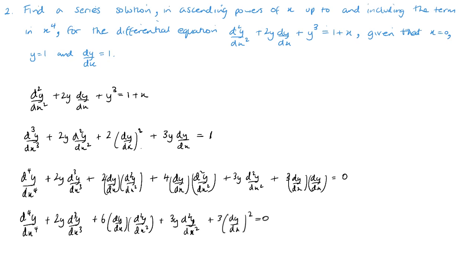Now just checking my work back, I noticed when I differentiated y cubed I put 3y, not 3y squared. So that will have a knock-on effect, as this will be 3y squared, and this one at the end will not be that, because it'll be 6y dy by dx, so it'll be that.